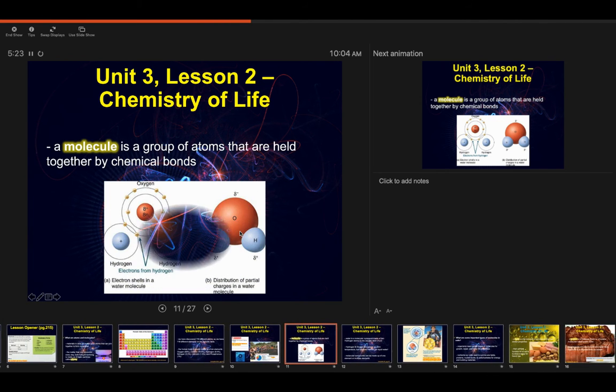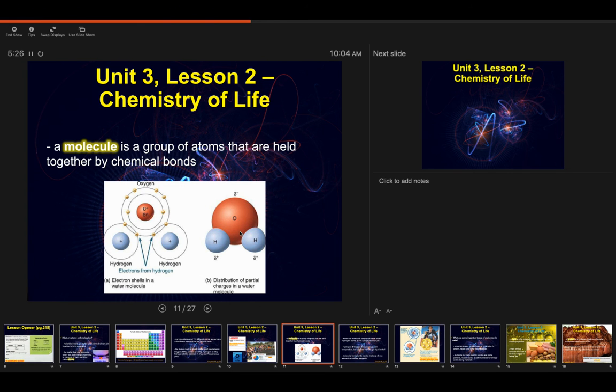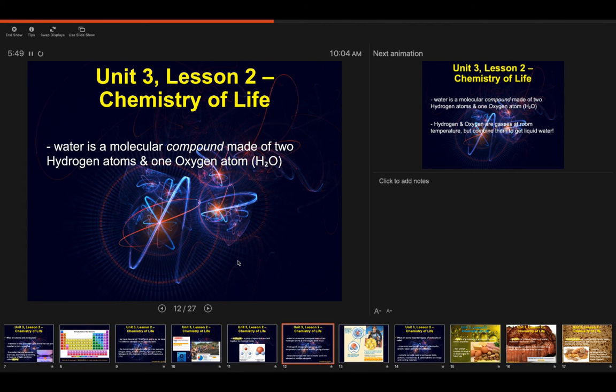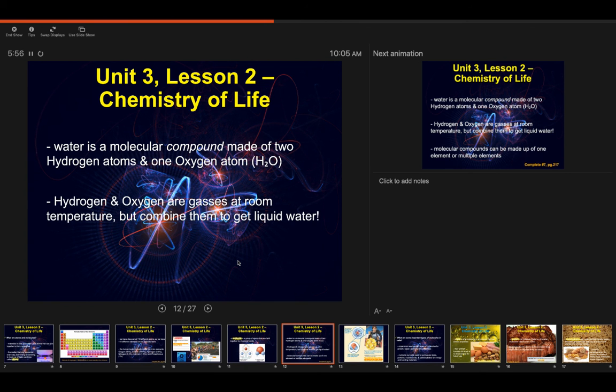We have the atom, which is the smallest particle. Now let's go up to molecule. A molecule is a group of atoms that are held together by chemical bonds. Over here we have probably the most common one in the universe, H2O. We know that is a molecule of water. Water is a molecular compound made of two hydrogens and one oxygen.